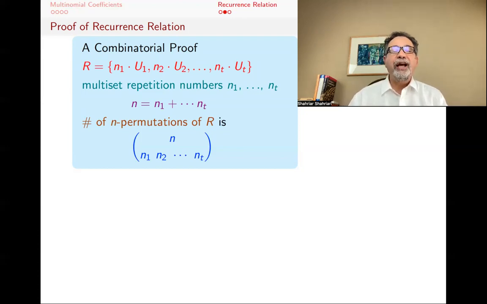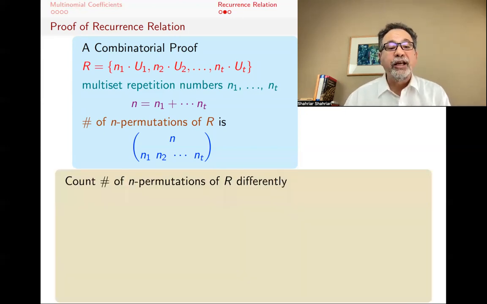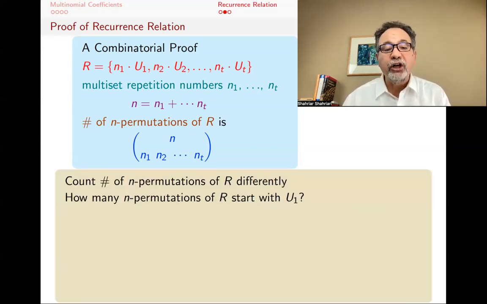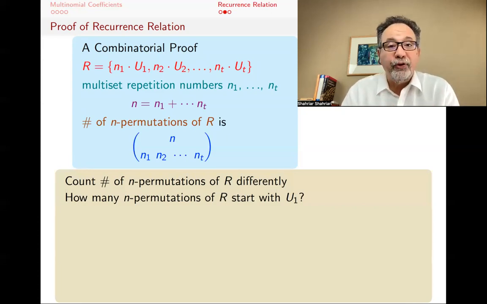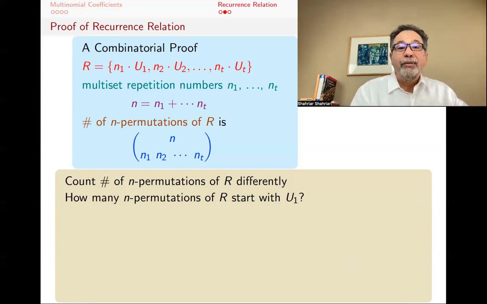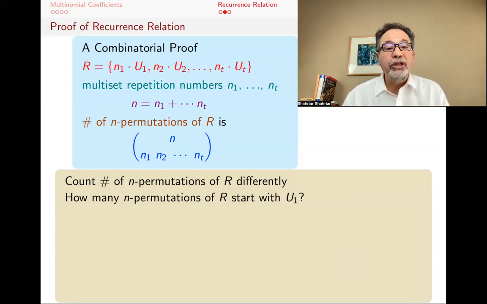I'm going to say, well, if you want to find a permutation of these n things, you've got to start with something. What are you going to start with? Well, if you start with u1, that first thing, you don't have to have u1 first, but what if you did start with u1? Well, if you do that, then you put u1 down. Now you have to find what the other n minus 1 things are going to be. And what you need is a permutation of n minus 1 things.